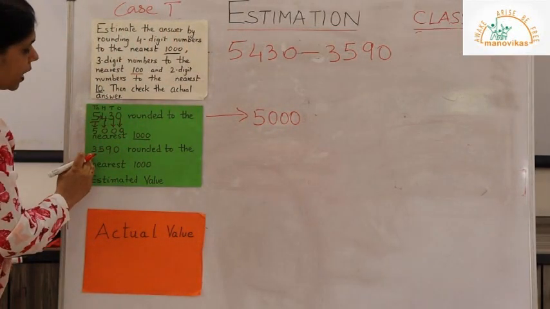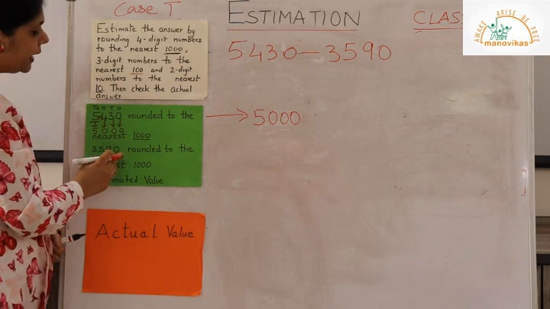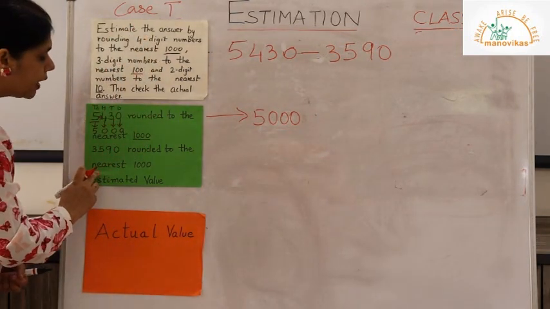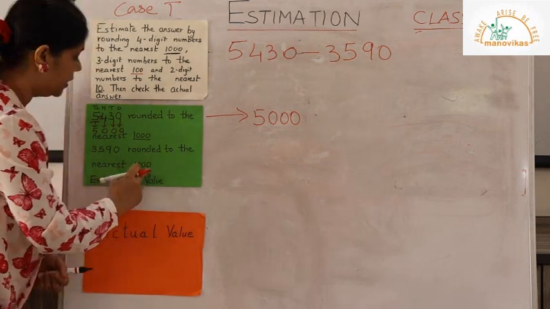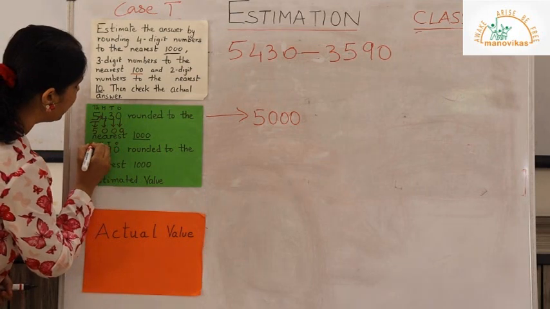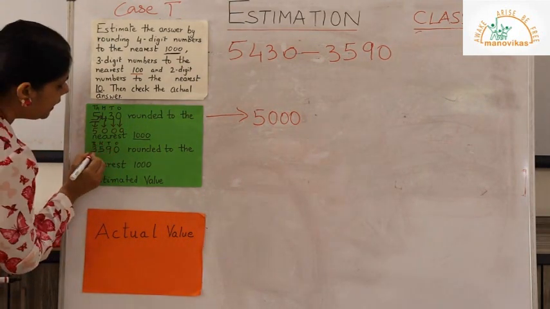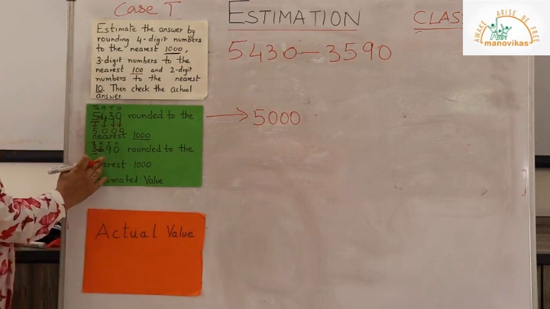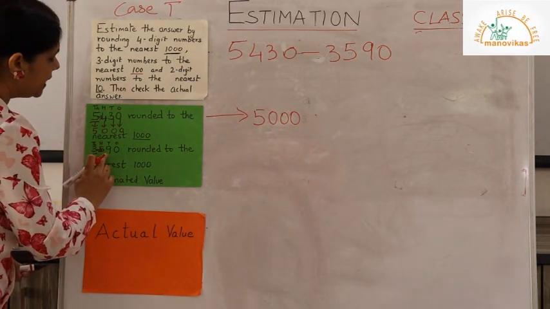Now 3590 again is a 4-digit number. So again we will round it to the nearest thousand. Repeat the same steps: ones, tens, hundreds, thousands. Underline the digit in the thousands place. Look at the digit in the hundreds place. It is 5.